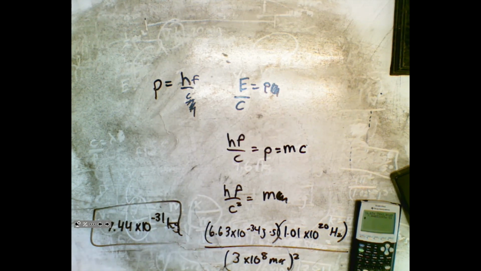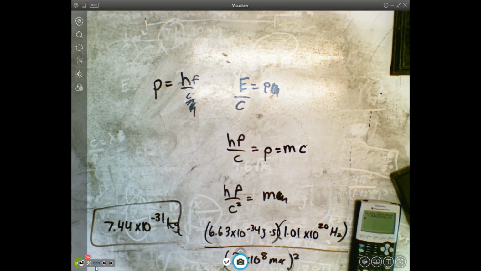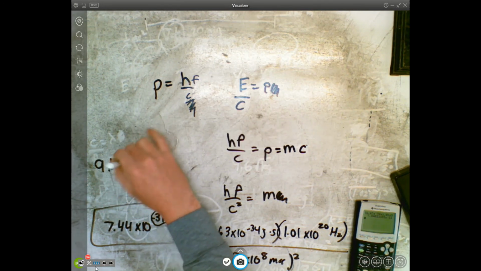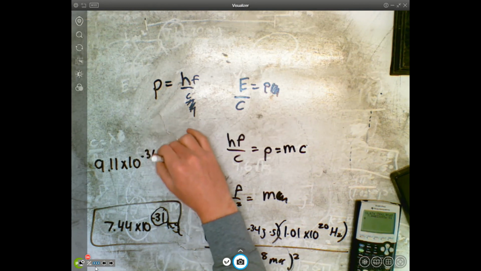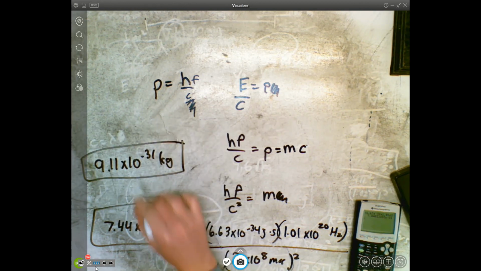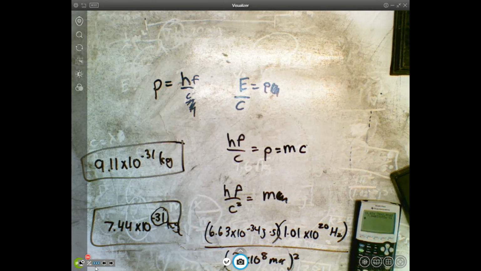So what's key to this is its mass, times 10 to the negative 31. Is there anything else that has a mass of times 10 to the negative 31? Well, yes, the electron. So the mass of this X-ray and the mass of this electron, air quotes mass for the X-ray, are very, very similar.